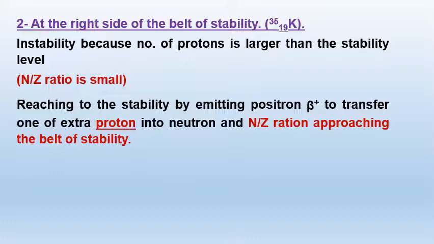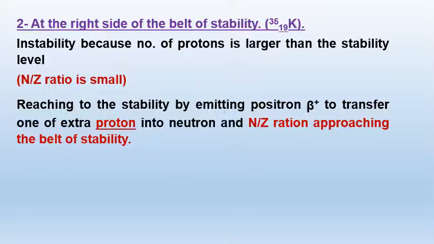To approach the stability belt, they must emit a positron. This type of radiation transforms one extra proton into a neutron, as they have a large number of protons, and the ratio between neutrons and protons approaches the belt of stability.